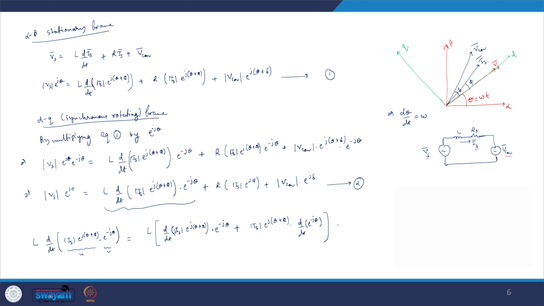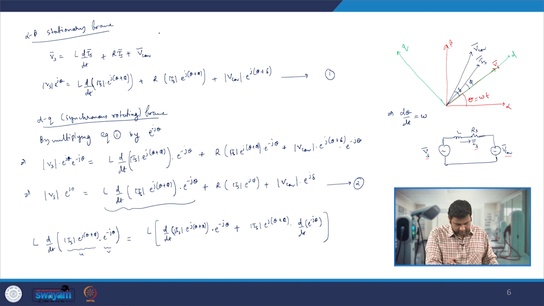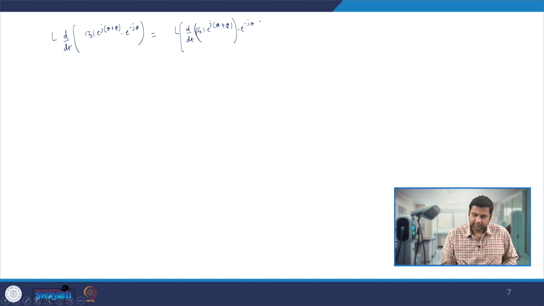Now this term, if we see here, we can write this one as, let us take the next side, L d by dt of Is e power j(theta plus phi) e power minus j theta, which equals L d Is by dt e power j(theta plus phi) e power minus j theta plus Is e power j(theta plus phi).